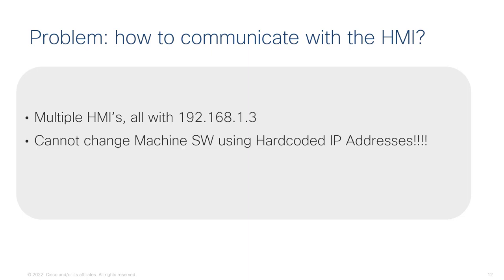So we're going to show you how to use layer 2 NAT in a network and how it fundamentally works by introducing a problem. We want to communicate with one of the devices inside the machine. We're going to communicate with the HMI component, and it's using 192.168.1.3. And we can't change that. It's hard-coded.